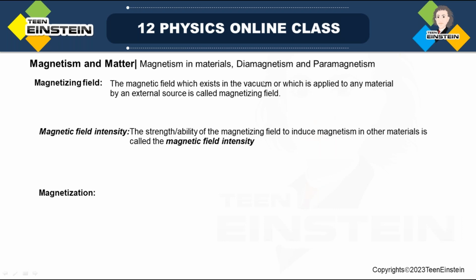And before we discuss that, we need to learn a few fundamental terms like magnetizing field, magnetic field intensity, magnetization, magnetic permeability, then magnetic susceptibility, etc. These terms we'll learn first, and then we'll discuss what diamagnetic materials are, what diamagnetism is, what the origin of diamagnetism is, and how we know a magnetic material is a diamagnet or something else.